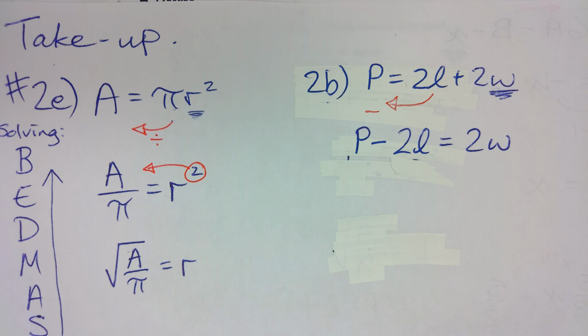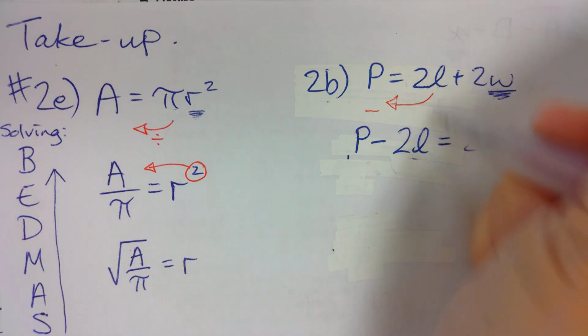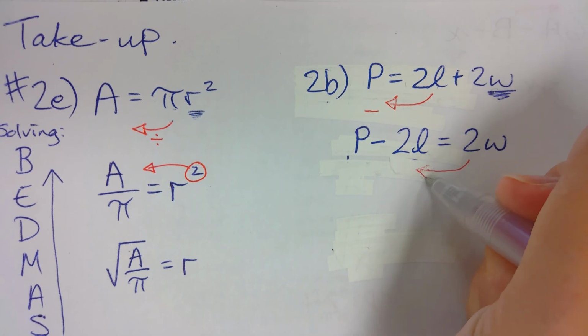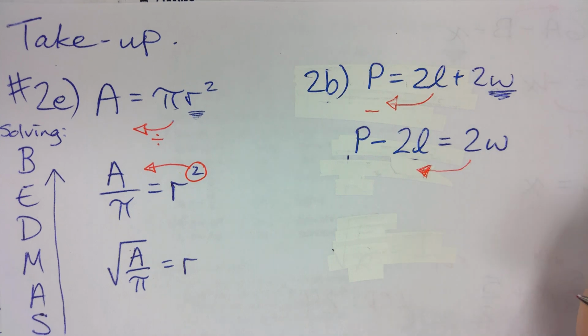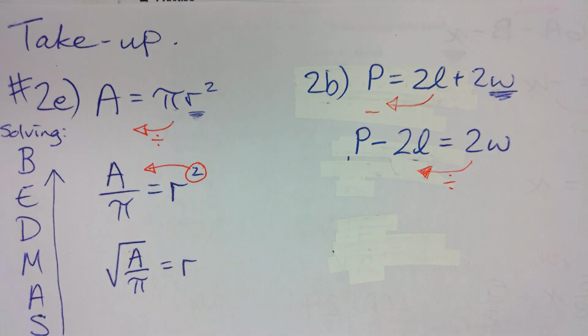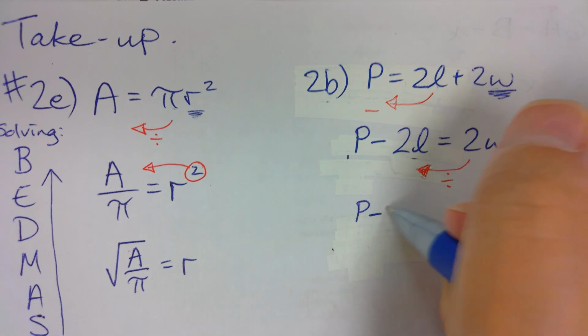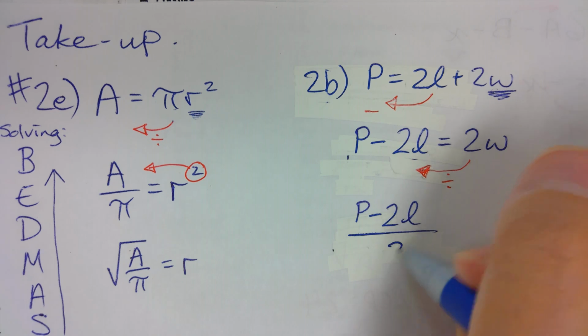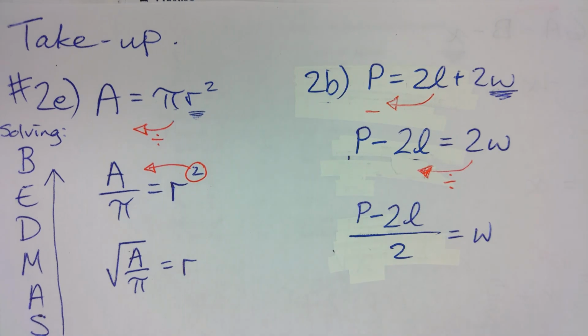Okay. I still want the w by itself, so what do I do with that 2? Armin, you want to give it a try? Divide it, perfect. So P minus 2l over 2 equals w.